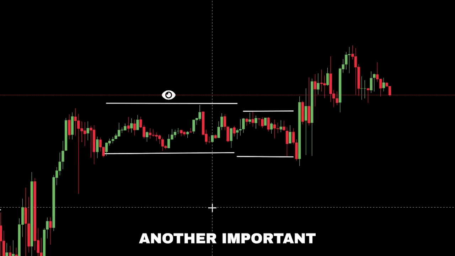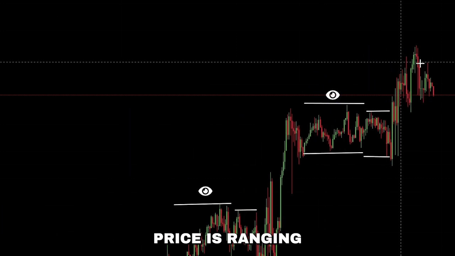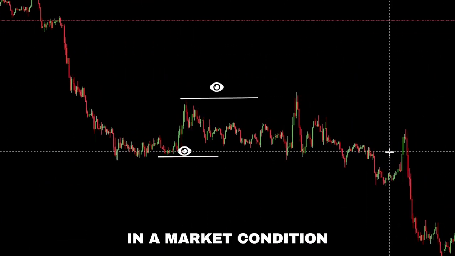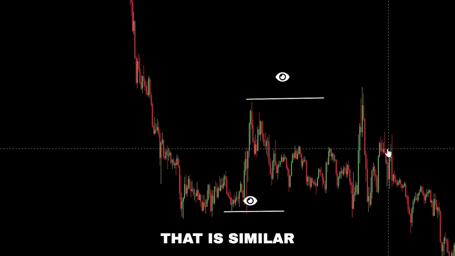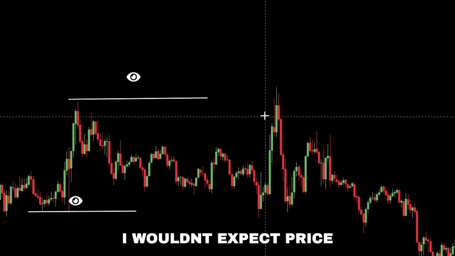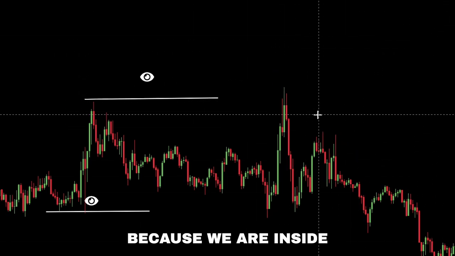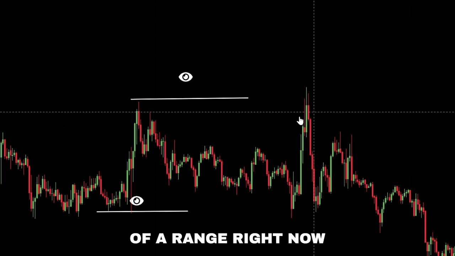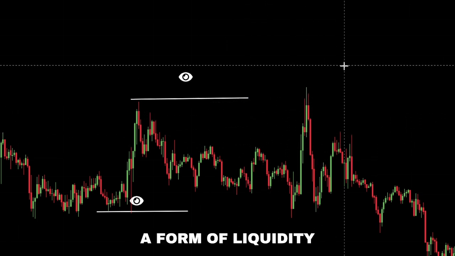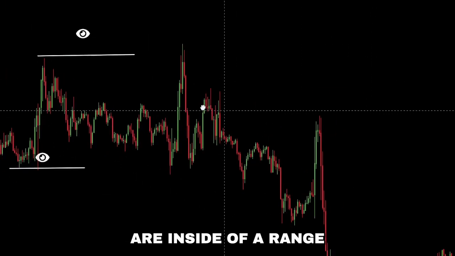Another important aspect of that, as I just said, is market structure, but also when price is ranging. Like we just got out of a range not too long ago. In a market condition similar to this, or maybe on the higher time frame, I wouldn't expect price to keep on running higher and higher and higher, because we are inside of a range right now, where price will most likely take out a form of liquidity and then sweep it and then move back lower, just because we are inside of a range.